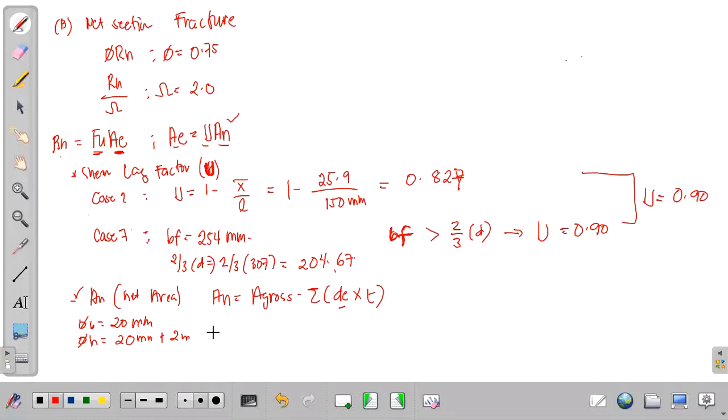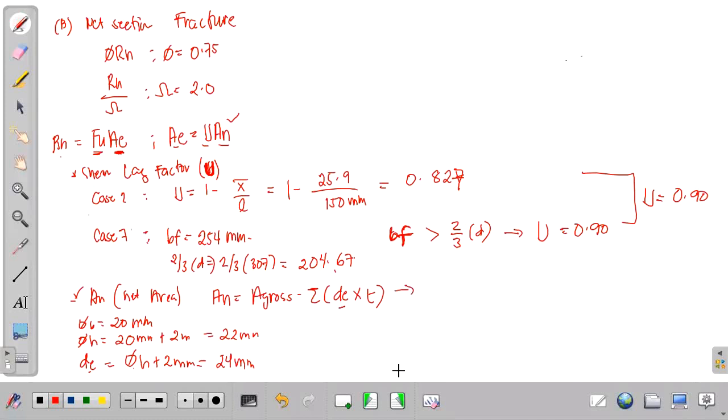Okay? So yung diameter of hole mo is 22 mm. Ano na yung magiging effective diameter mo? So effective diameter is the hole diameter plus 2 mm. So that is 22 plus 2, that is 24 mm. So yung DE mo is 24 mm.